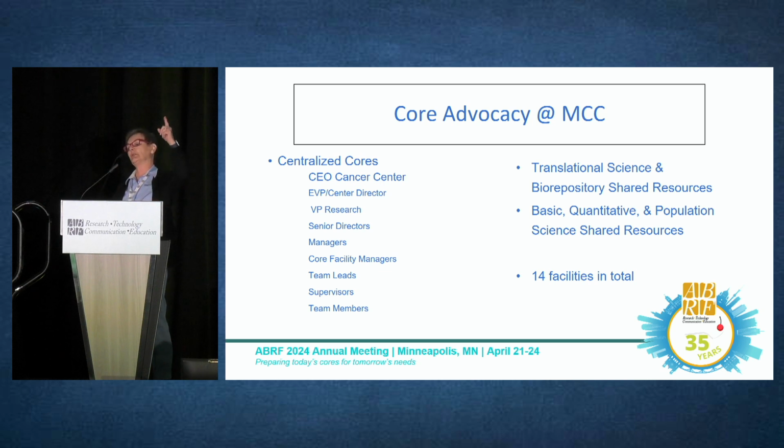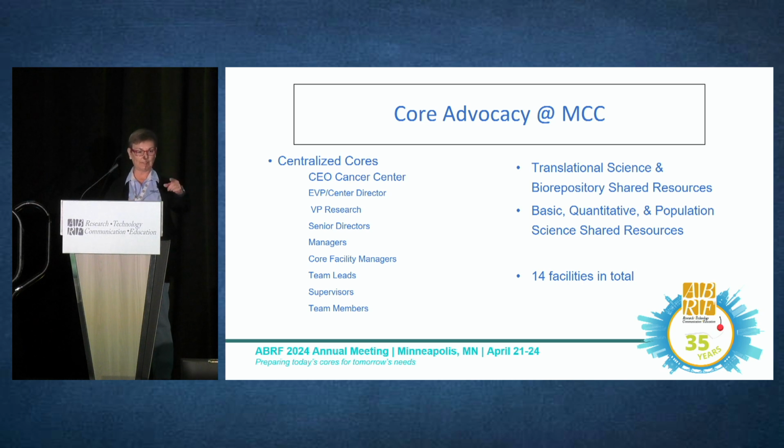And we manage up, and of course we manage down. And when you learn how to send that information up, and then you get that information back down, then that's obviously going to help advocate for the cores that you're either working in or the cores that you're managing.